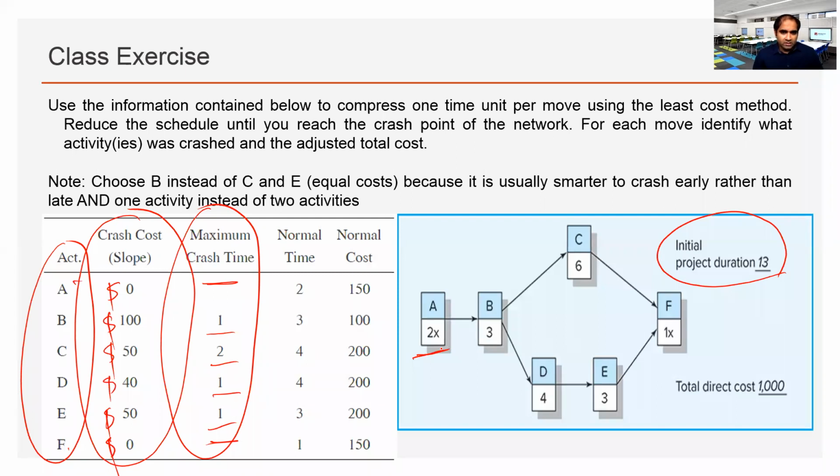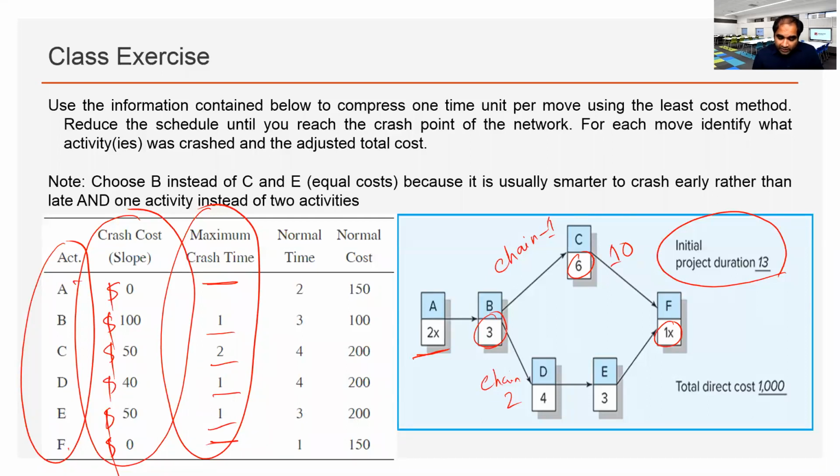B. Okay, so now let's check. Now we have chain 1. Initially, we have chain 1. This is chain 2. So how many days we have? 3, 6, 9, 10. 10 days.